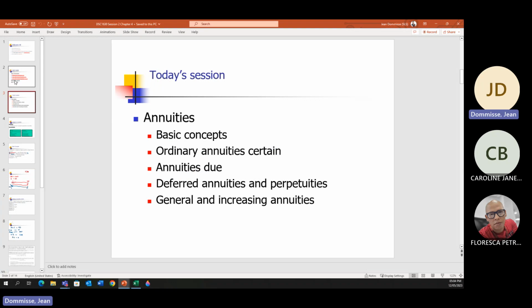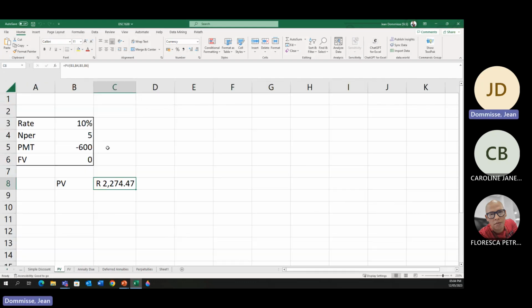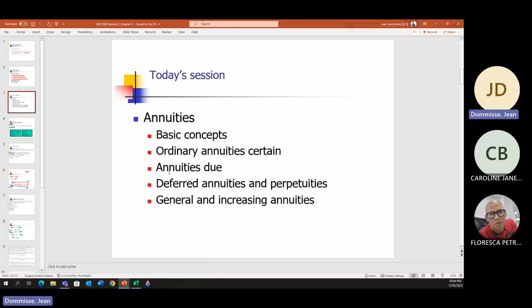Then last week we looked at annuities, and we used a lot of Excel for our calculations. We will again tonight focus a bit on Excel as well, but I will also give you some of the ways that we do it on a financial calculator.